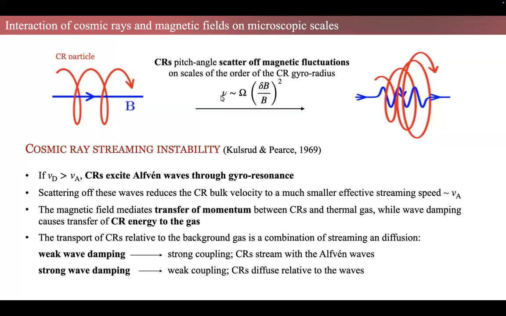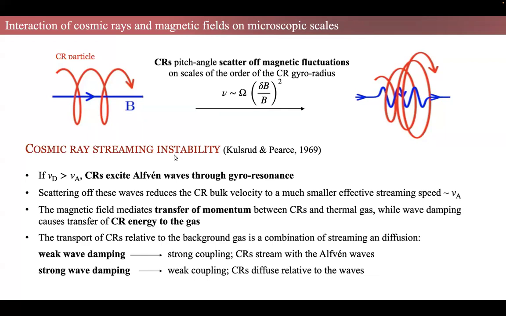So in case of weak wave damping, there is a strong coupling between cosmic rays and Alfvén waves, and cosmic rays propagate together with the Alfvén waves, while in case of strong damping, the rate of scattering is relatively low, and cosmic rays mostly diffuse relative to the Alfvén wave.